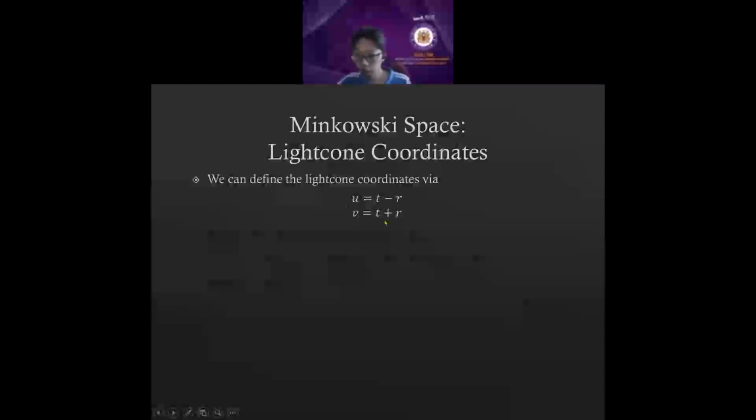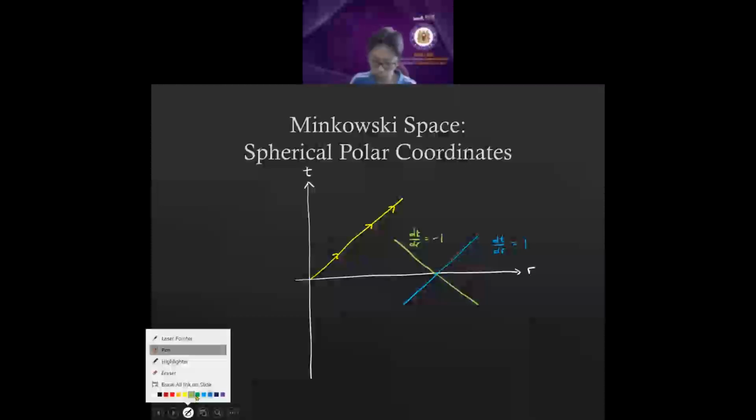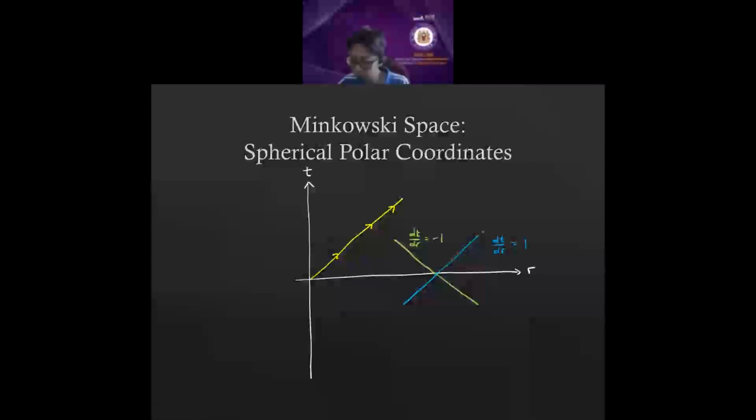Okay. Another quick note. We can also define what's known as the light cone coordinates. Because if you look at this equation, you would notice that this line, for example, is just a straight line.